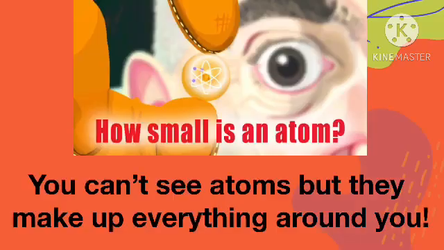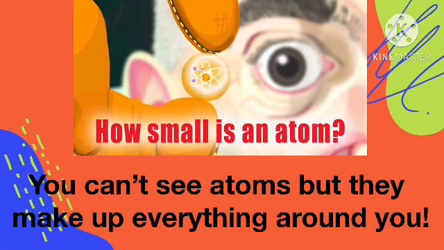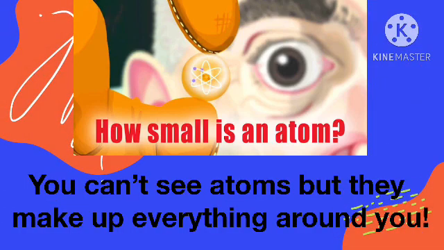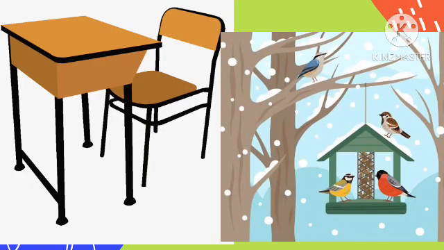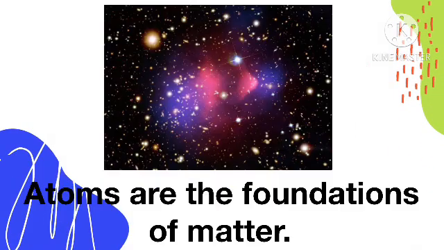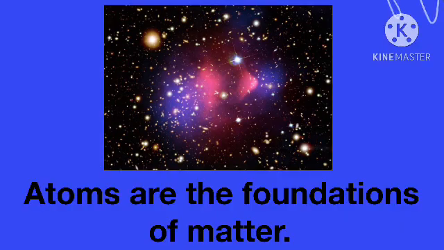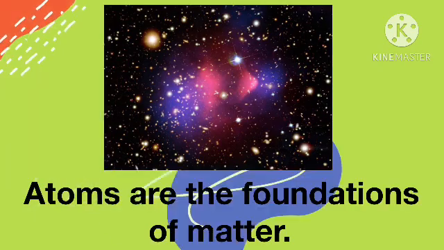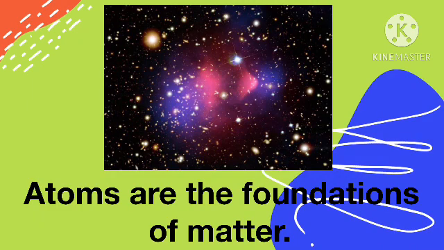Do you know that you can't see atoms, but they make up everything around you? Your chair, your desk, the birds outside, even you. Atoms are the foundation of matter, which is everything that makes up the universe around us.